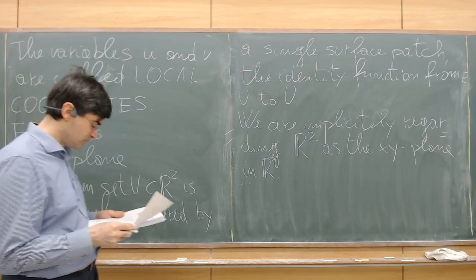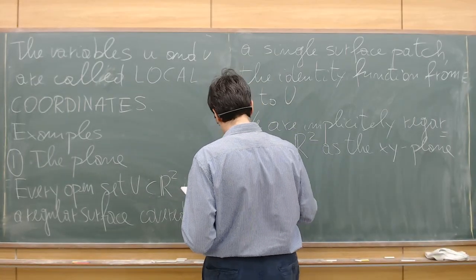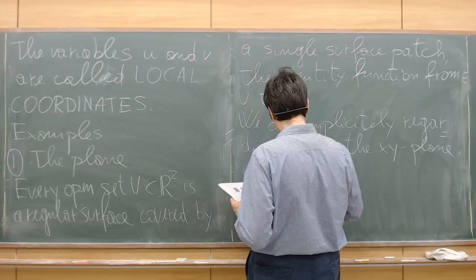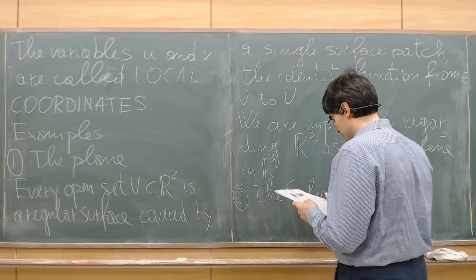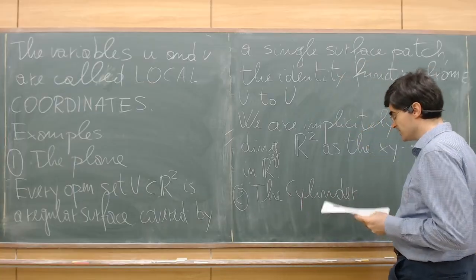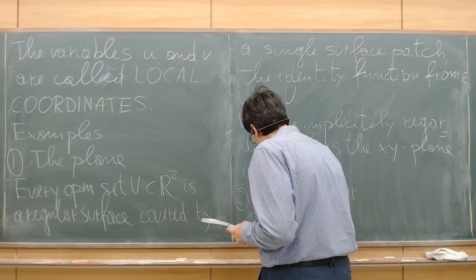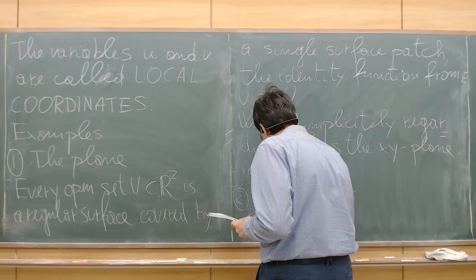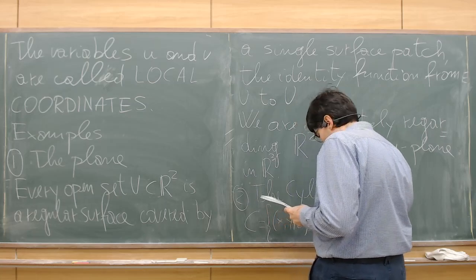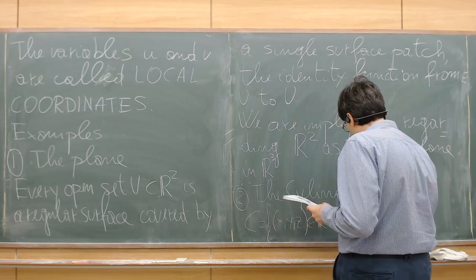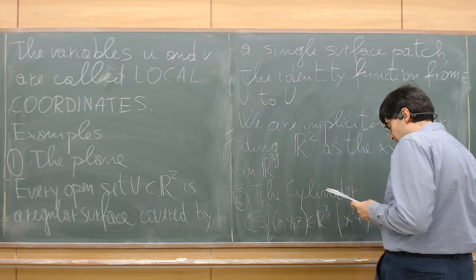The next example is the cylinder. So let's show that the cylinder C, given by the set of points of R3 such that x squared plus y squared equals 1, is a regular surface.